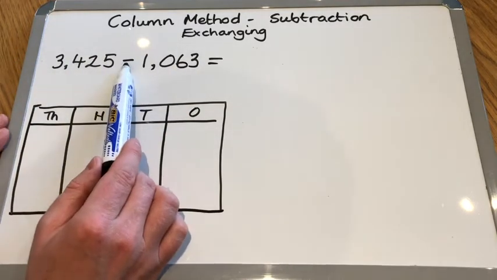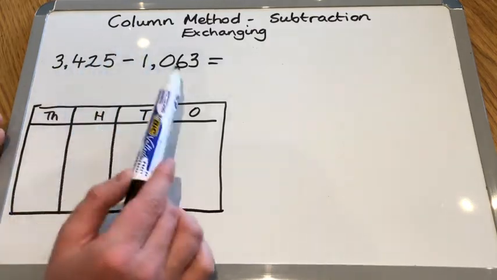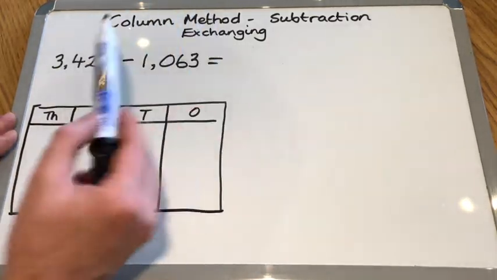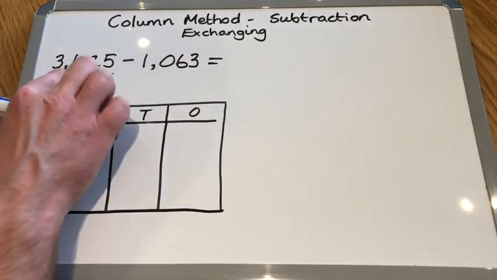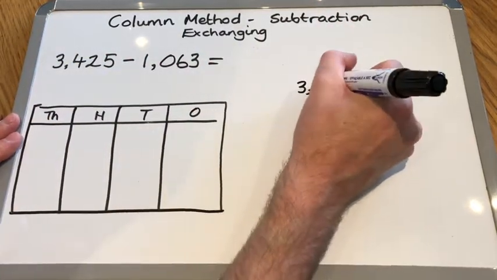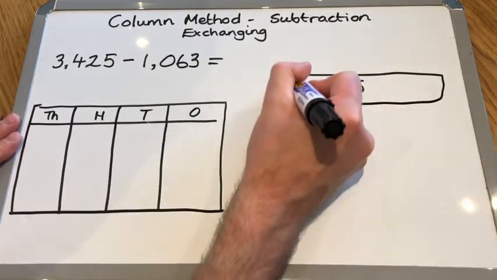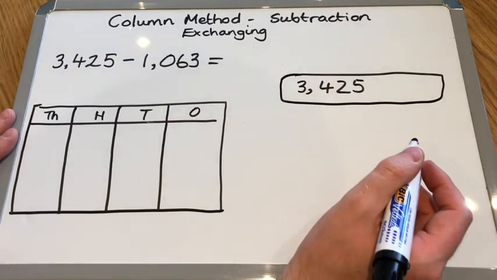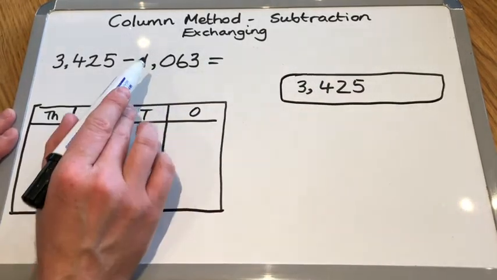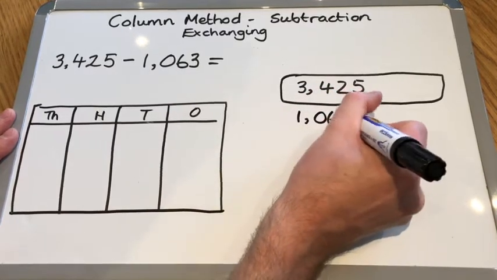Now the thing with taking away or subtraction, we need to remember that these are not two parts like when you're adding. This large number here is the whole number. So if I show that on a bar model, it's very easy to understand. So there is the whole 3,425, and this number here is a part of that number.